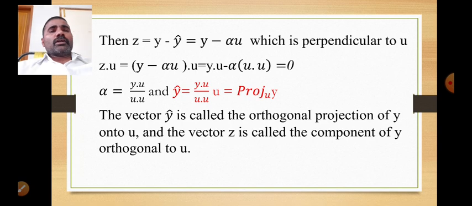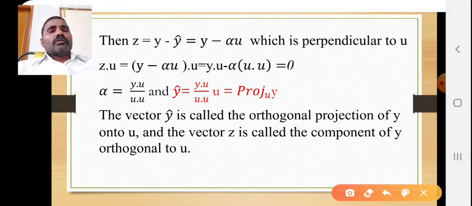That implies (y minus alpha u) dot u is 0, then y dot u minus alpha times u dot u equals 0. This implies alpha equals y dot u by u dot u.